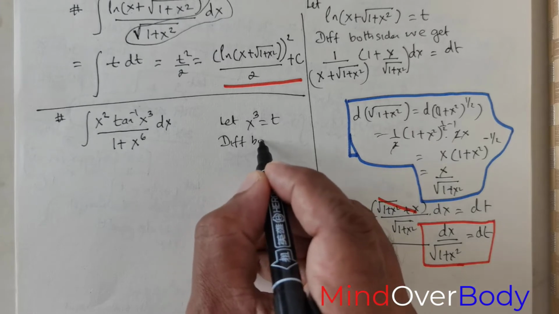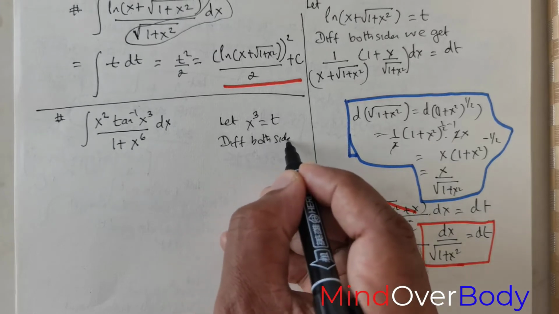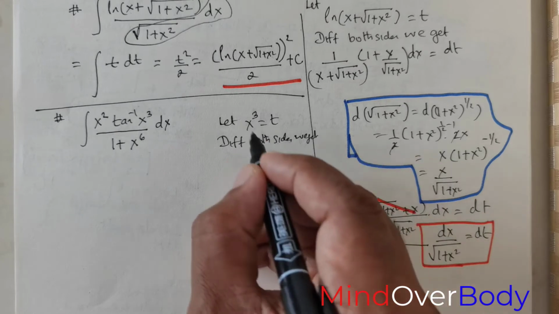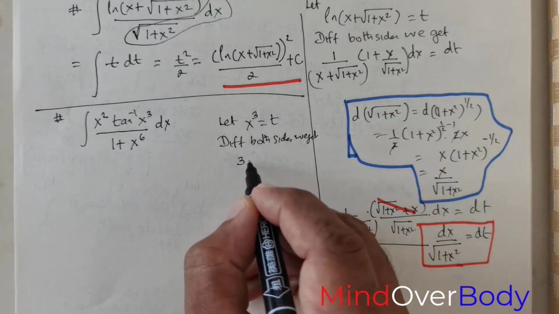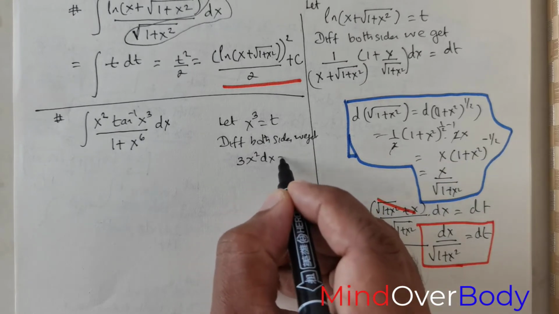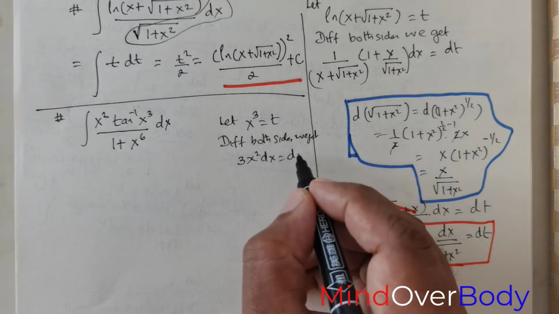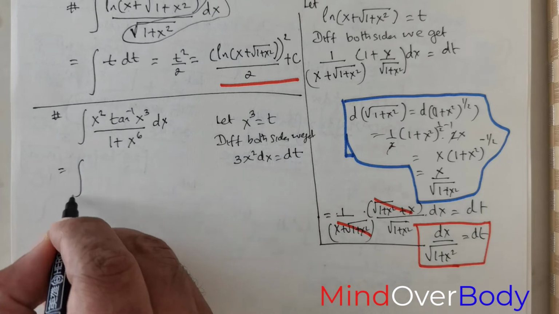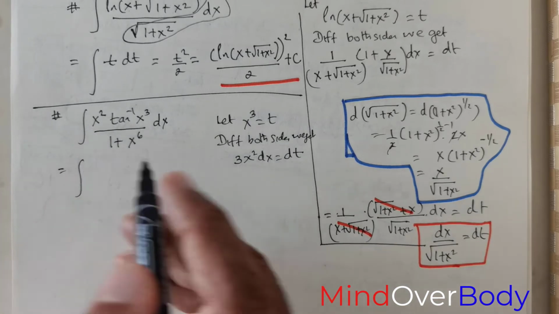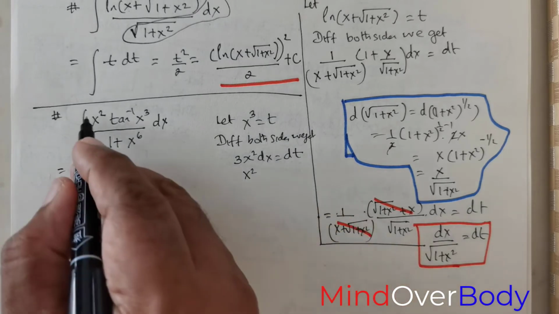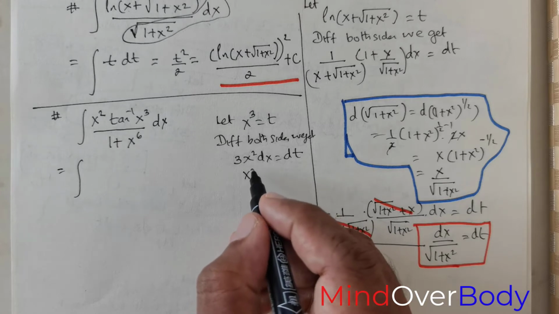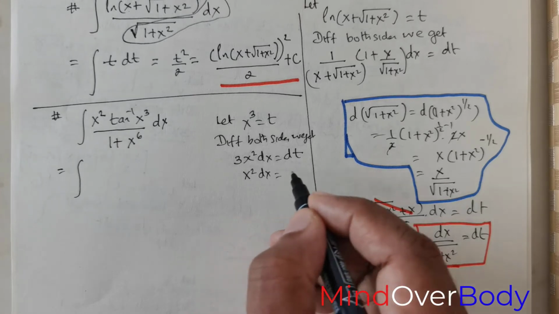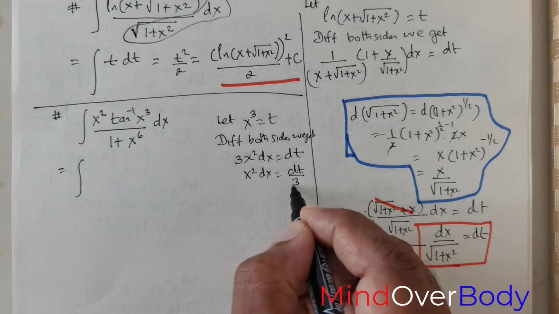Differentiating both sides, we get the differential of x raised to the power of 3 is 3 times x squared times dx. Differential of t is dt. In fact I don't have a 3 there, so x squared dx is going to be equal to dt over 3.